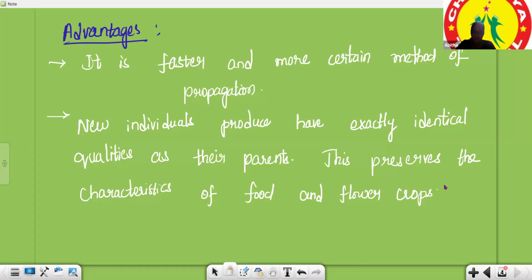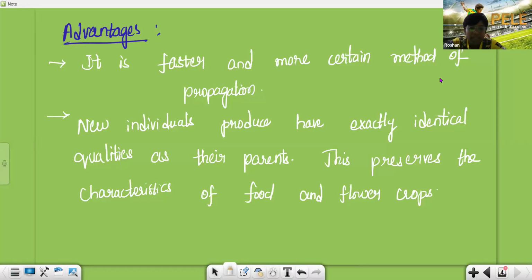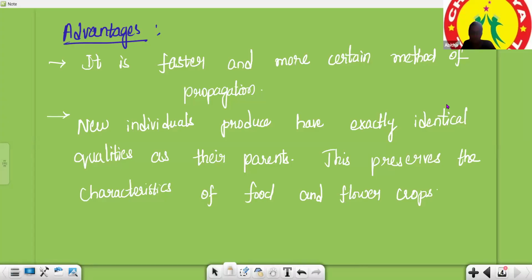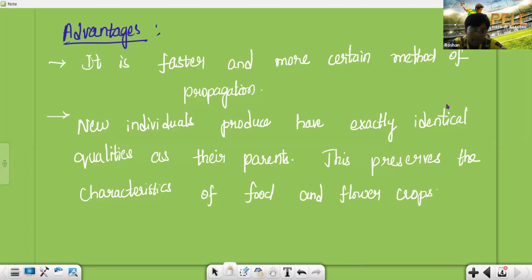Yes, Roshan, what happened? Ma'am, in the second sentence, I didn't understand the sentence, new individuals produce. So you'll get a new plant, right? Whatever new plant you get will be the same as the parent. If you are sowing a rose plant stem, from that stem you will get a new rose plant.